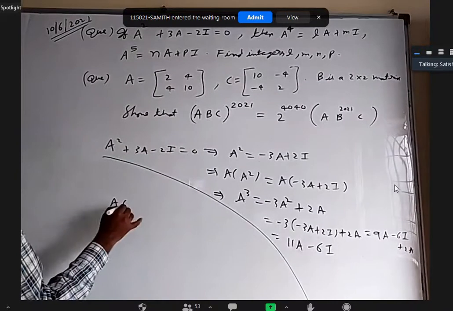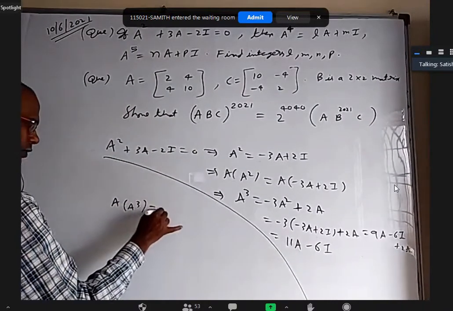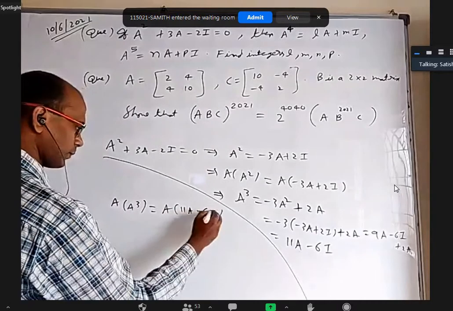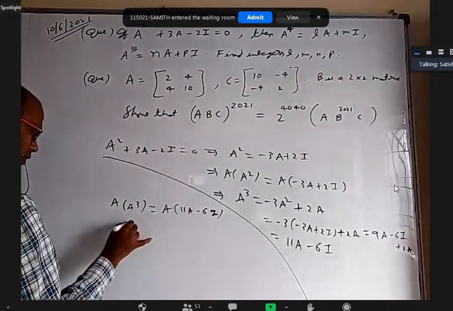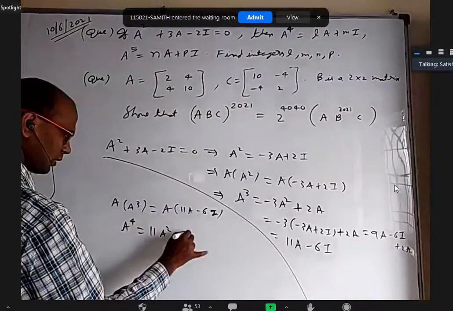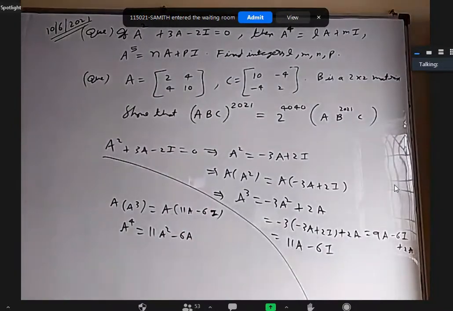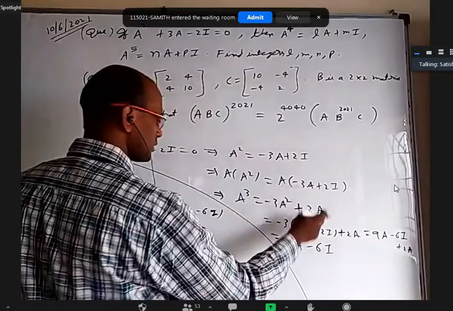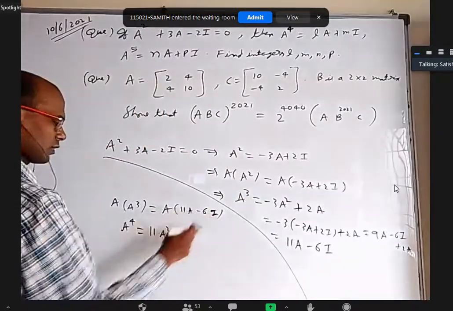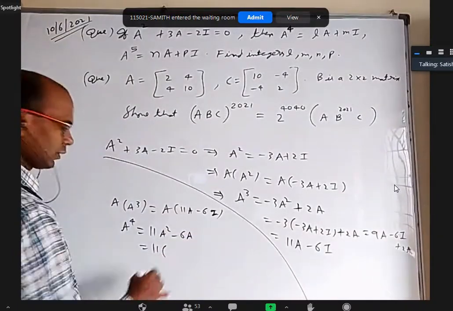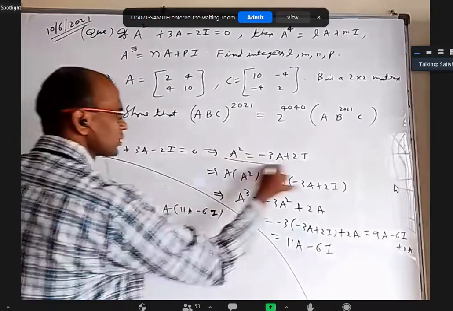If I multiply A again, A into A cube is equal to A into 11A minus 6I. That is A power 4. This is 11A square minus 6A. A into A square, A into I is A. Here A into A is A square, A into I is A. Now again I'll substitute in the place of A square, minus 3A plus 2I.